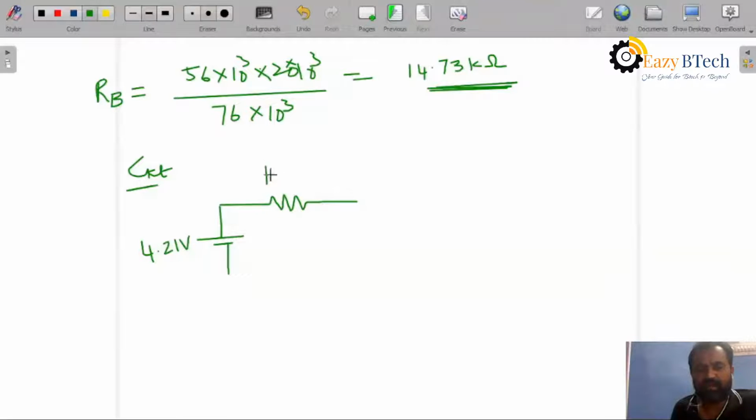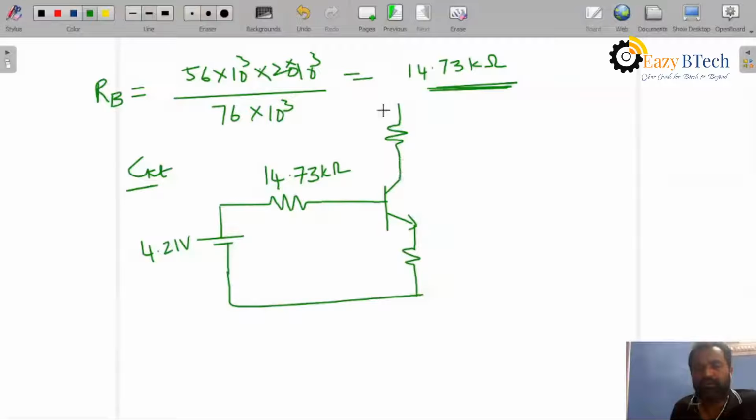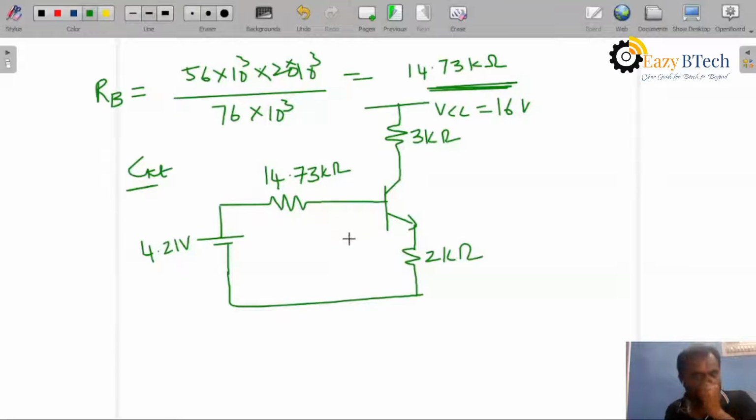RB value is 14.73 kilo ohm, connected to the RE. What is the value of RE? This is VCC, he has given 16 volts. RC value is 3 kilo ohm, and RE value 2 kilo ohm. This is the equation. To find out the stability factor, we have to find the IB value and all those values.